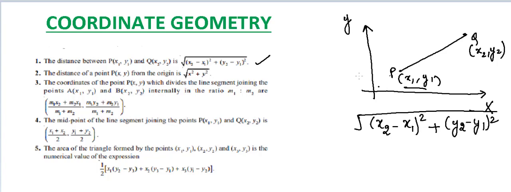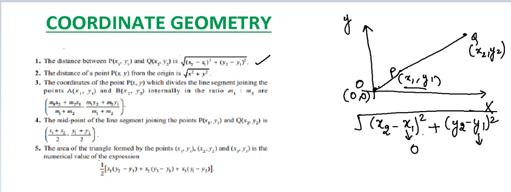Similarly, if you have to calculate the distance, this is the origin. The coordinates of origin are 0 and 0, we know that. So if you have to calculate the distance of P from the origin, for origin the coordinates are 0.